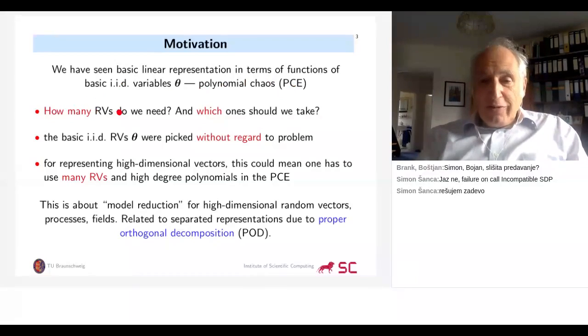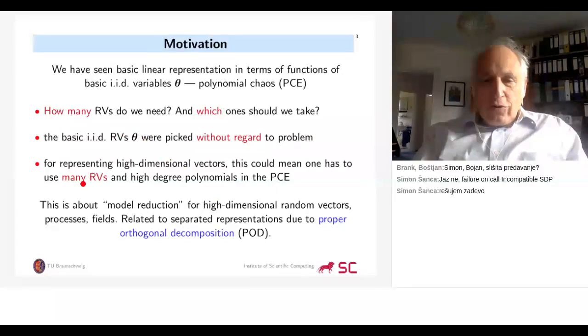Good, so the question is, how many random variables do we need and which ones should we take? Okay, so there are potentially infinitely many of them, but we want to use as few as possible, okay? The way I presented it in the last lecture, they were picked without regard to the problem, okay? Well, now we will change this and we will look exactly at what we want to approximate, and that's going to pick these random variables, okay?